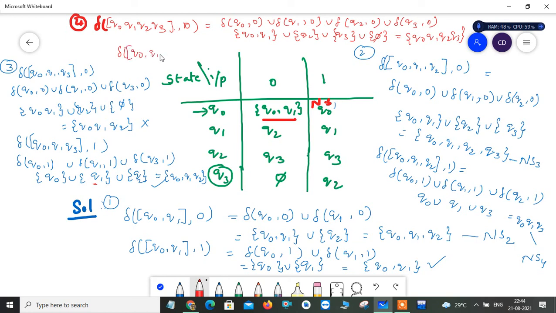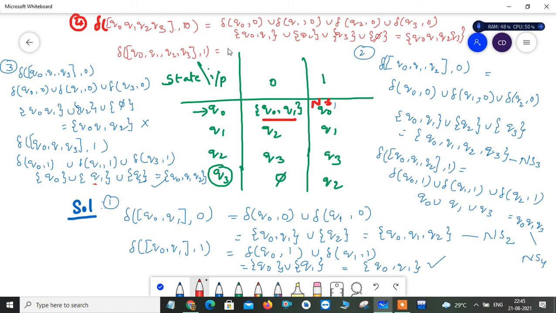Q0 Q1 Q2 Q3 comma 1. So we can do the same thing: delta of Q0 on 1 union Q1 on 1 union Q2 on 1 union Q3 on 1, you have to do. I just directly written it here.